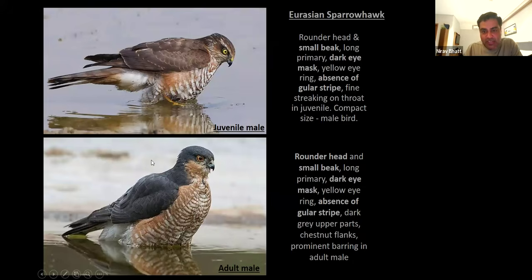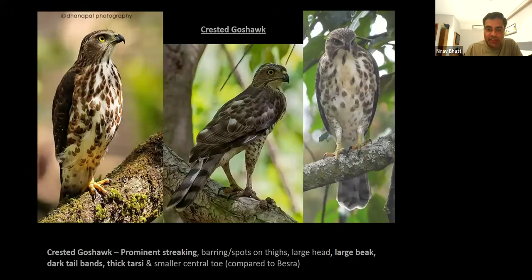Okay, is this getting conveyed clearly? We'll see Crested Goshawk juveniles also, because these are the confusing ones. They are uniform brown color birds, so difficult to identify. But see the size of the bill here, almost eagle-like.